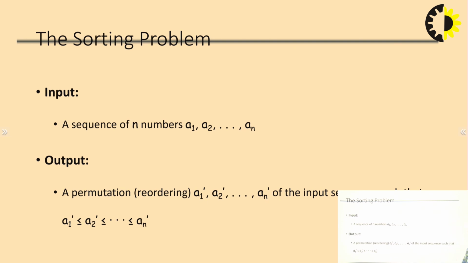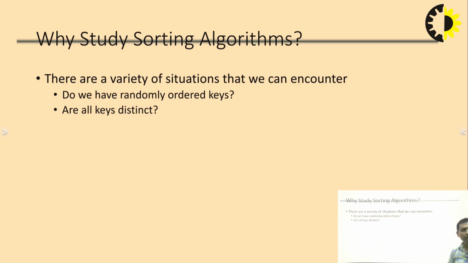So this is sorting. So how to perform these sortings and why to perform sorting? First, why study sorting algorithms? There is a variety of situations that we can encounter, such as, do we have randomly ordered keys?